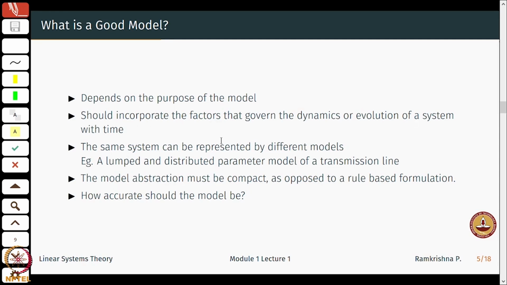Okay, now is a model unique? Well, not each system, but in a lot of cases the same system can have different models. I will run you through a few examples later in the lecture, starting with something very basic from our 101 course on circuits, through electromagnetics.